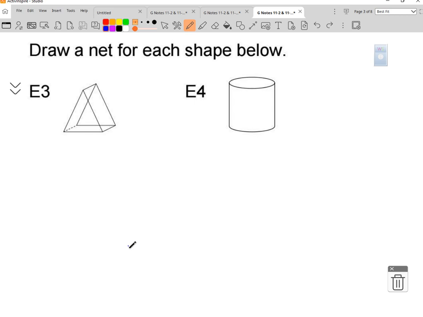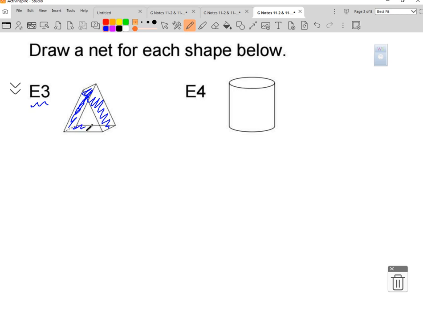In seventh grade math, a lot of kids were going to call example 3 a pyramid. Would you think example 3 is a pyramid, or why wouldn't you think it is? Yeah, it's got 3 rectangular sides, right?